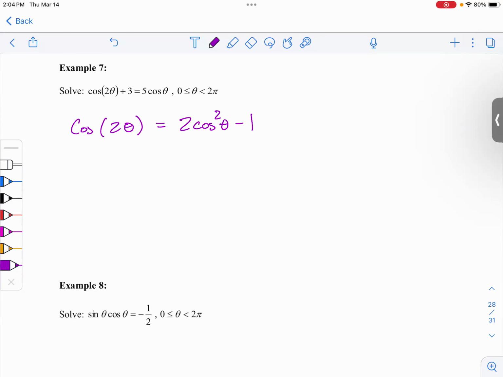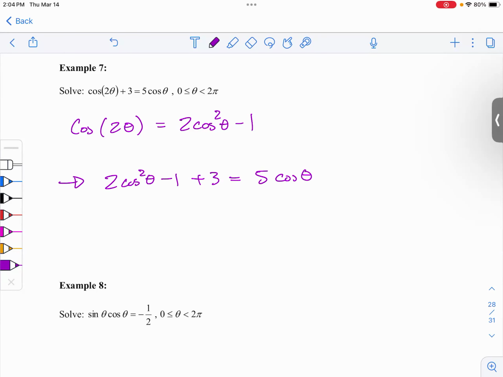Ah, so actually I can convert that double angle cosine 2 theta to purely cosines in order to be able to solve this. So that now becomes 2 cosine squared theta minus 1 plus 3 equals 5 cosine theta.